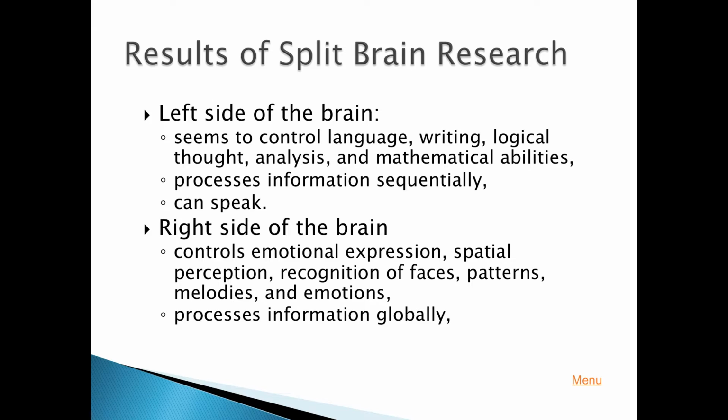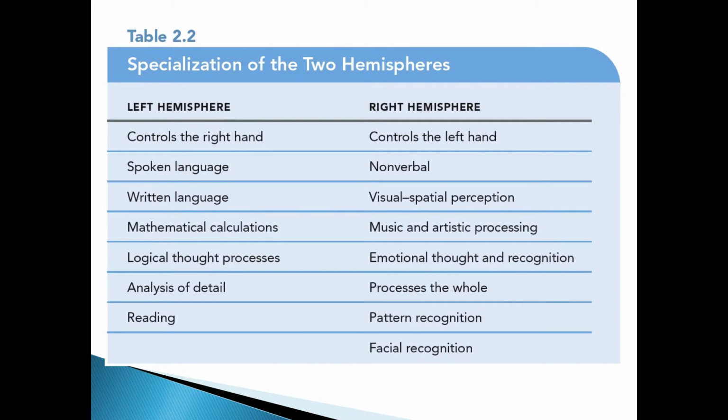That's more about what the right side of the brain does. And it cannot speak. So again, we've learned a lot of information from these split brain patients, and a lot of what we've learned about the specialization of the hemispheres has come about as a result of these particular patients.